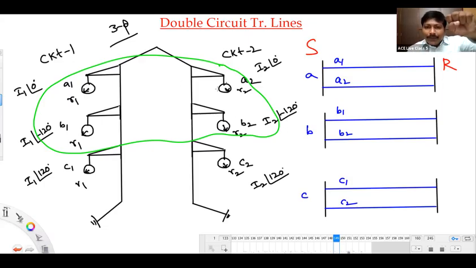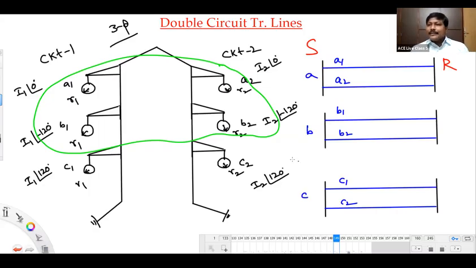But the conductor A2 is the self of A1. Then how many mutual conductors are existing for A1 now? Only two, that will be B1 and B2.